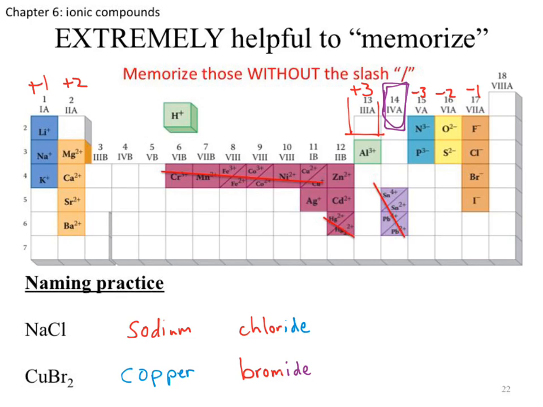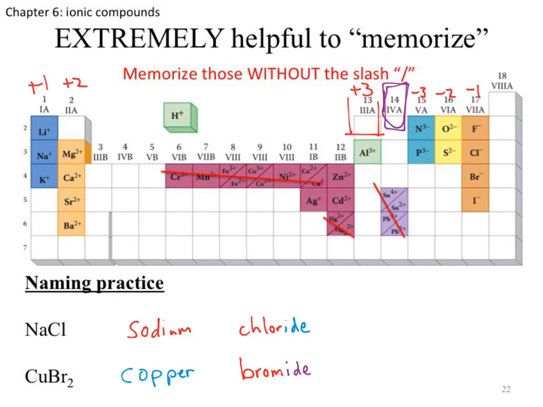A couple of interesting things pop up out of this. In our formula, you'll notice that it says CuBr subscript 2. Why is the 2 there? I need 2 bromides to balance out the copper. Why do I need 2 bromides? What would the charge be on the copper?